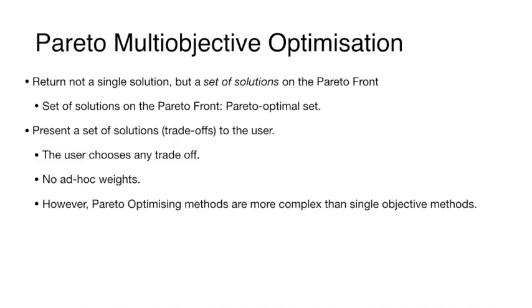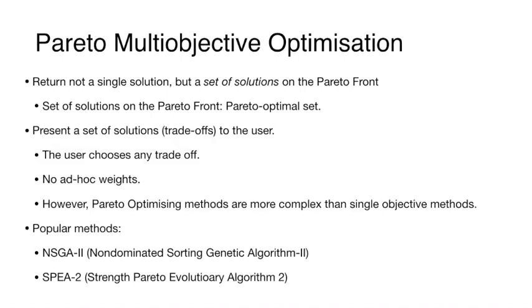So the names of the two most popular methods of Pareto optimization are the Non-dominated Sorting Genetic Algorithm 2, and the other one is called SPEA-II, which stands for Strength Pareto Evolutionary Algorithm 2.